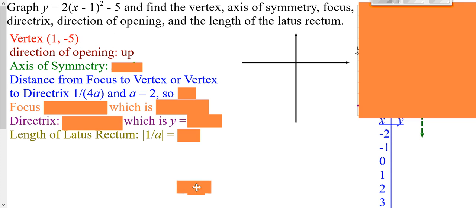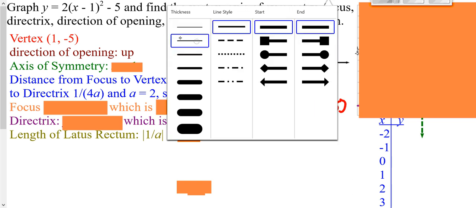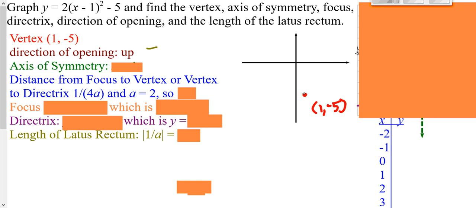Now that I have that, I would do a rough sketch. I would plot my vertex, over 1, down 5, and then do a rough sketch of my parabola. So let's see here. I know I'm opening up, so I'll go like this. Now with that in mind, oh, that's kind of ugly.